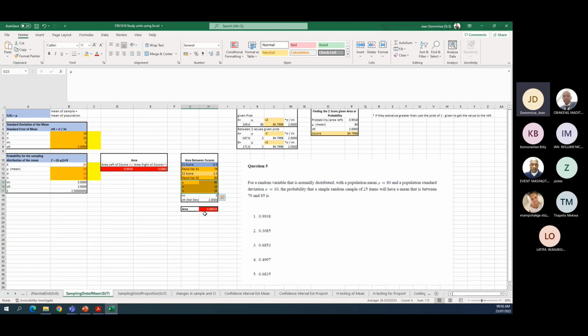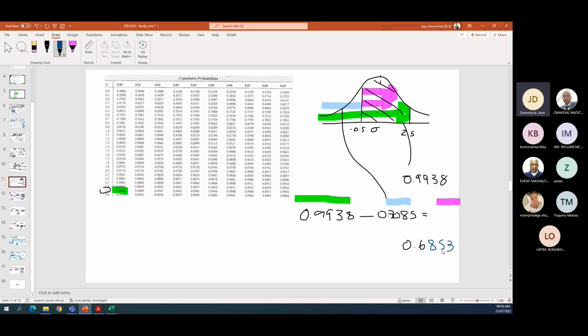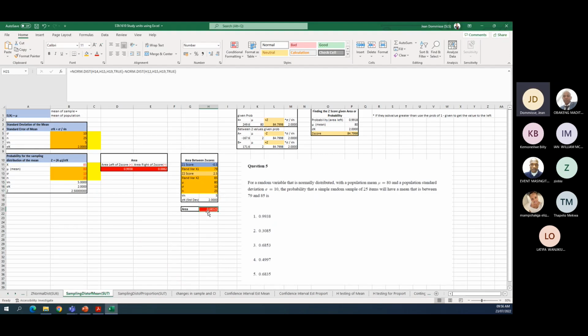The area between those is 0.68525, so it will round off to that. Let's round it off to 4 decimals, so 0.6853.